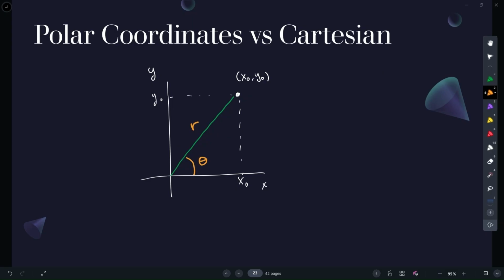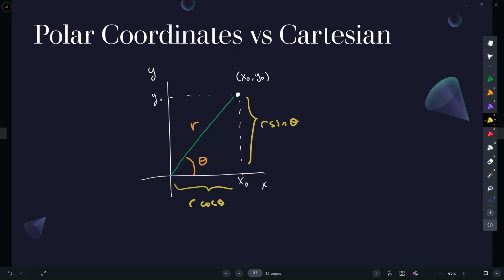And given those two measurements, I can, in fact, retrieve the point itself, because remember that by trigonometry, this distance and this distance are given by, this is given by r cosine theta, and this is given by r sine theta for this point.